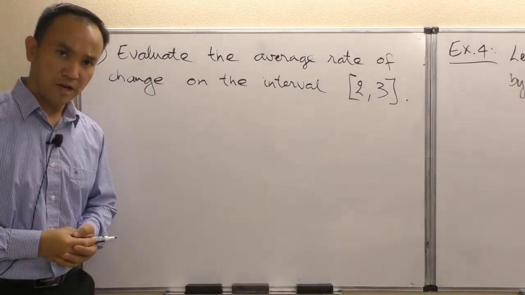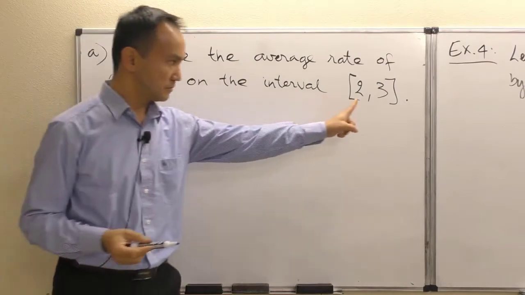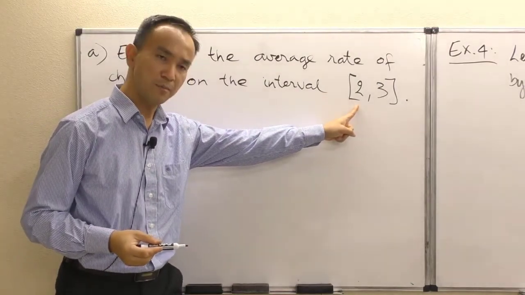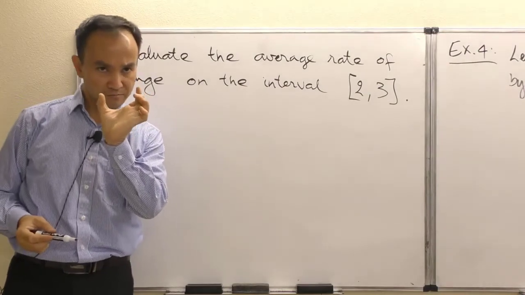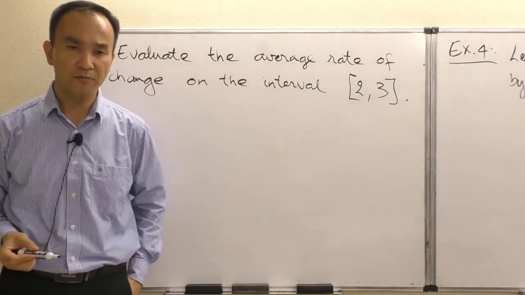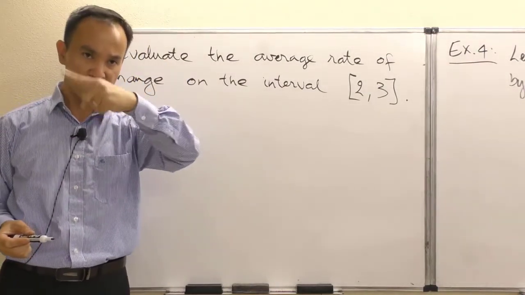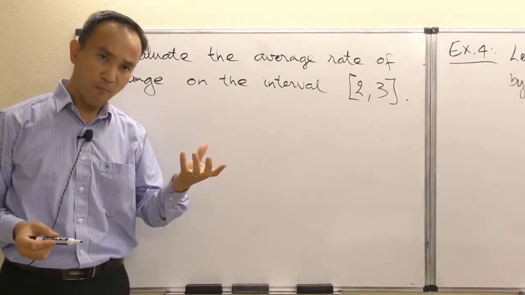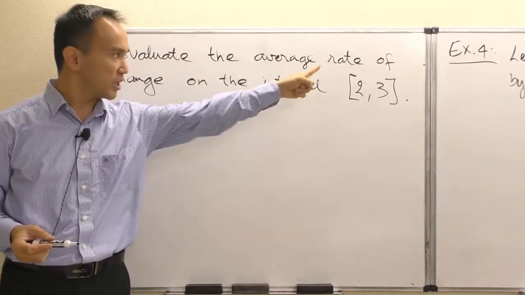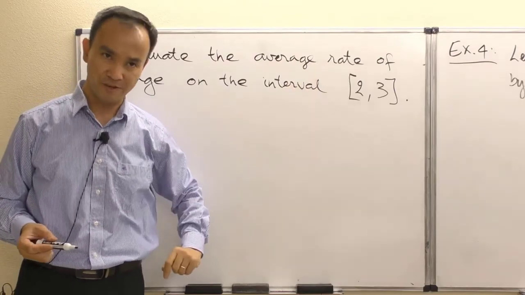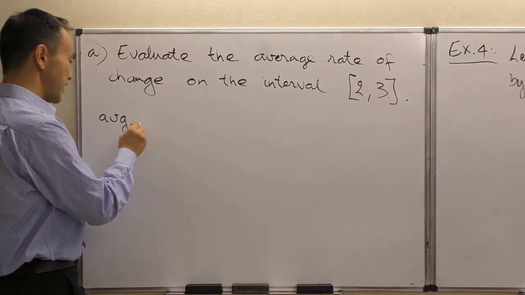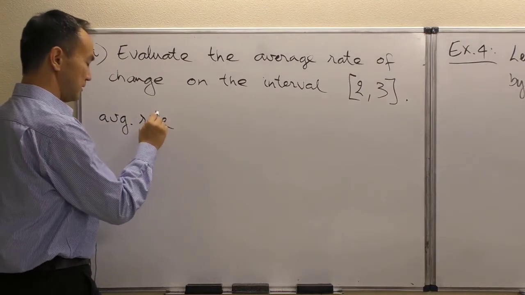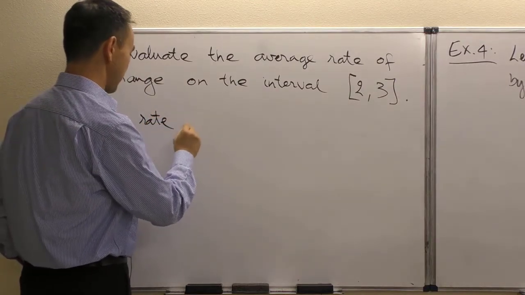Okay, so now we have that interval. This is the initial input, this is the final input. Now in that interval of the change in the input values, how much is the change in the outputs? And then at the end, we're calculating that as an average rate of change.